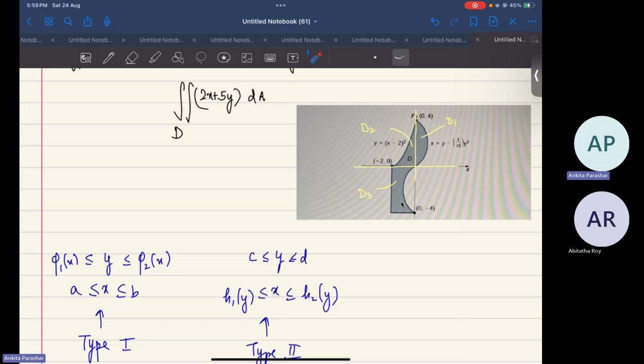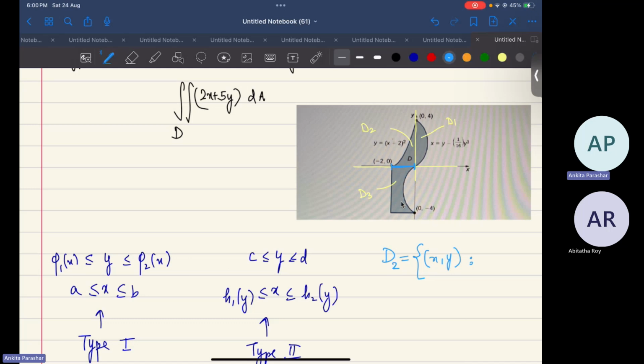So, let me just write what you want to say. Domain D1. Oh, this is not visible. Let me take another color. D1 is all those x and y such that where does your x lie?